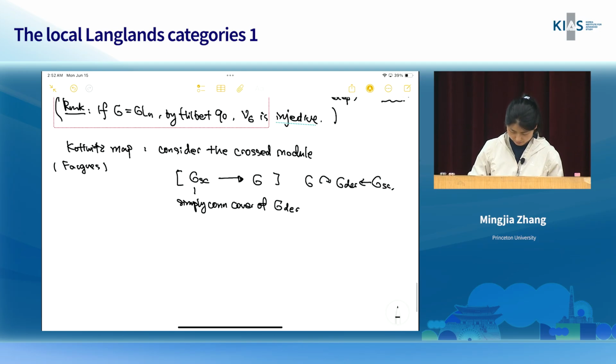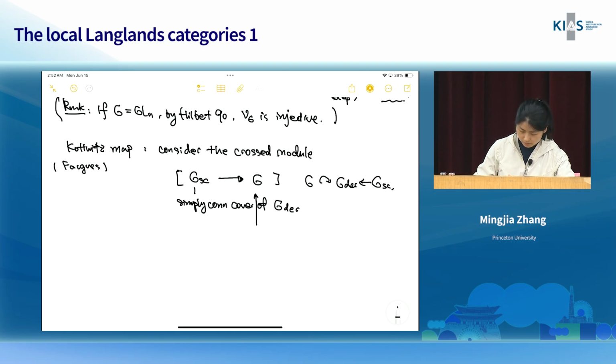Right, so we consider this crossed module, and let's observe that it is actually quasi-isomorphic to another crossed module, which just involves abelian group schemes. Namely, we can fix some maximal torus of G, not necessarily split, of course, and then take the pullback and call it T_sc.